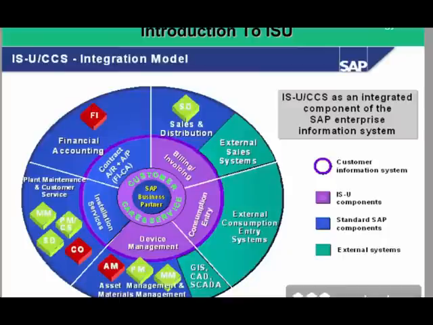This is an integrated component of the SAP Enterprise Information System. How SAP ISU is linked to the R3 modules, and which components are covered in which core modules, gives a bird's eye view of the interlinking of utilities with core R3 modules.